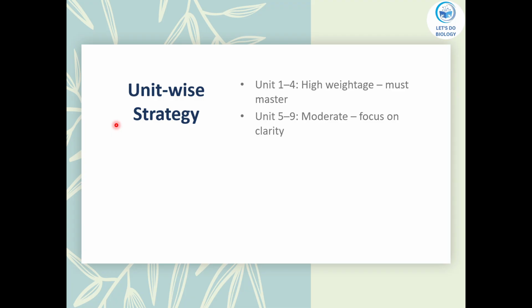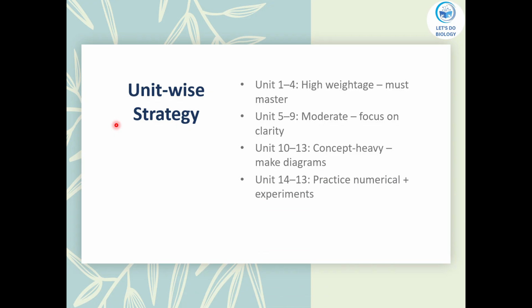Units 5 to 9 will be moderate, based on your clarity, as you have 13 to 14 units in the CSIR exam. Next are the concept heavy units, which you can memorize by making diagrams. Last are the numerical and experimental units, for which you should practice. This unit-wise strategy, or which unit you should prefer more and less, I have already made a YouTube video on, and I will provide the link in the i button.